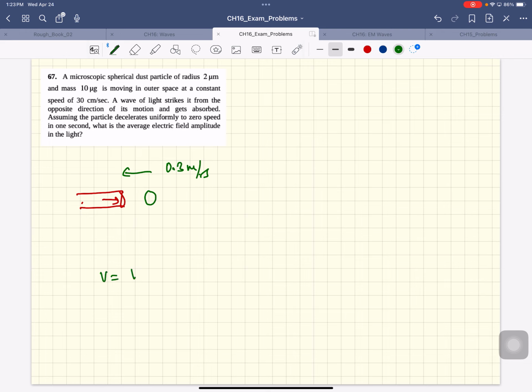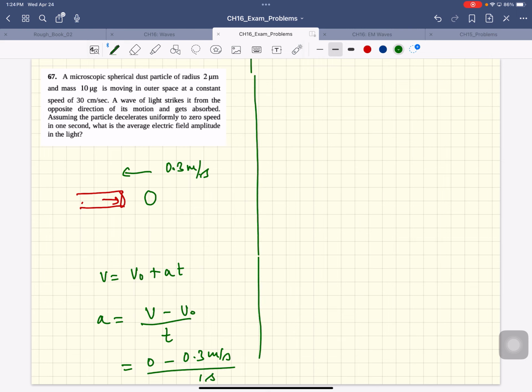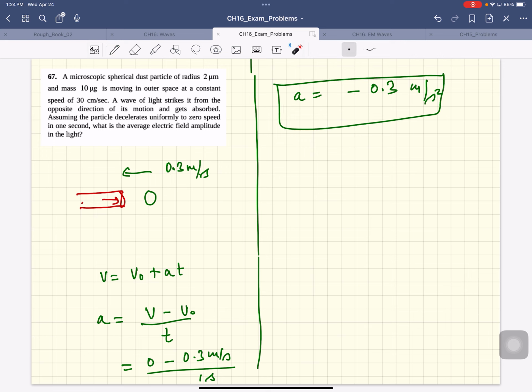Final velocity is initial velocity plus acceleration times time. The beam of light stopped it, so the final velocity is 0, and the initial velocity was 0.3 meters per second. So the acceleration is -0.3 meters per second squared, the negative sign just telling you that the acceleration is in the opposite direction of the velocity.